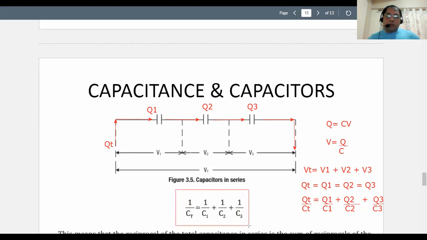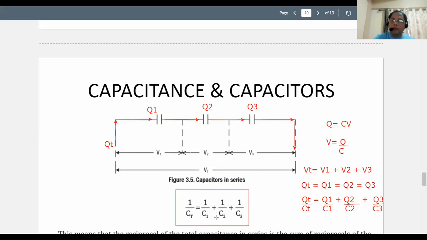hold true. That the total capacitance in series connected capacitors is simply the reciprocal of each capacitance. So 1 over the total capacitance, if you add up all the capacitances here, equals the reciprocal of the first capacitance value plus 1 over C sub 2 plus 1 over C sub 3.